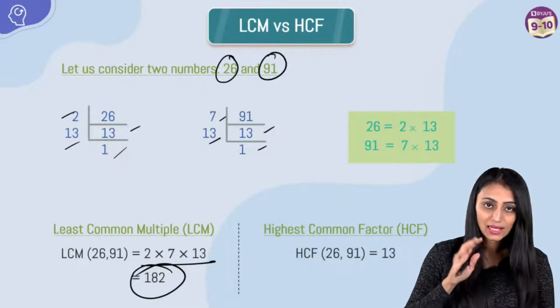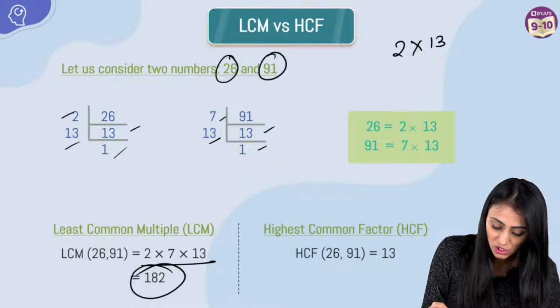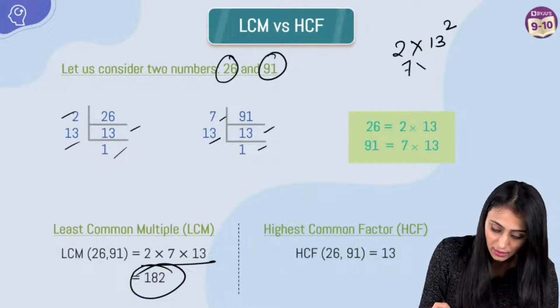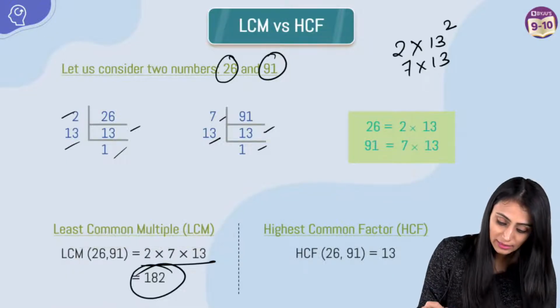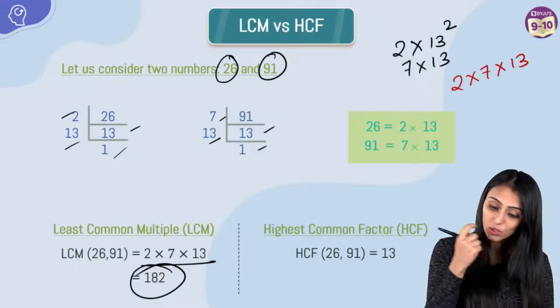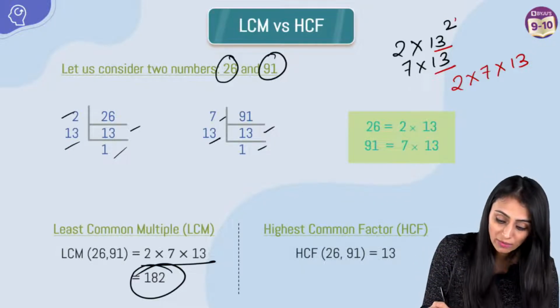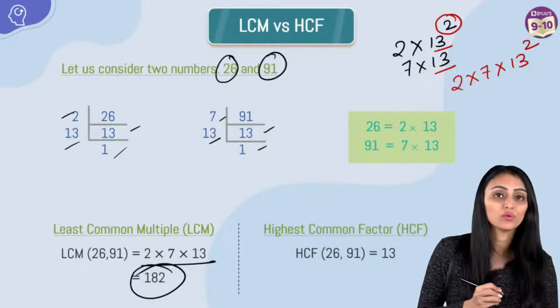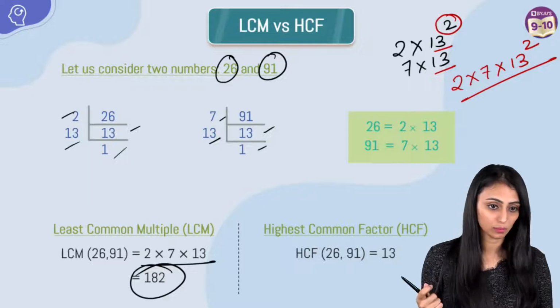Let me give you an example. Let's say you have a number wherein in prime factorization 13 was coming twice, and in the other one you have it once. In that case, what would be the LCM? As I said, write the different kinds of numbers that you have, then look at the powers. Here we have 13 and here also 13, but here we have 13 twice, so I'll put a power over here. After multiplying, whatever you get would be your least common multiple.